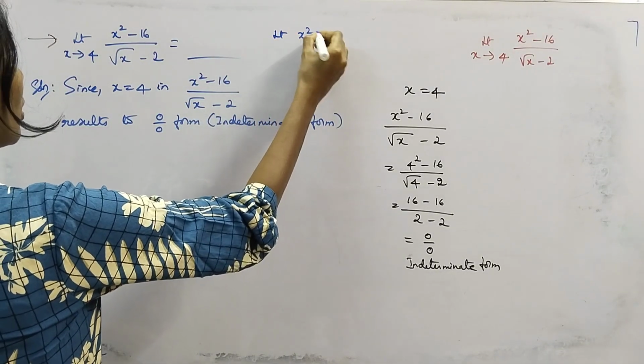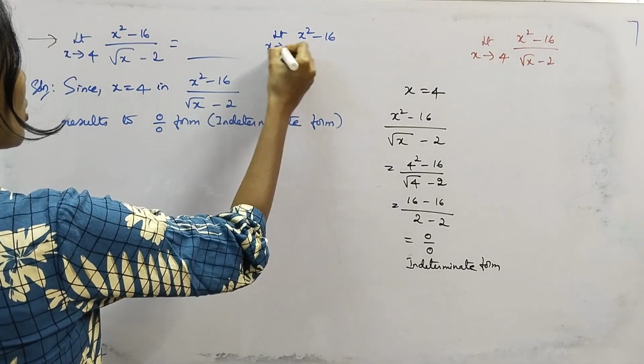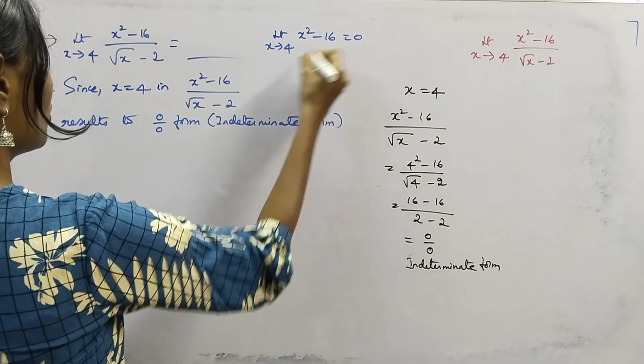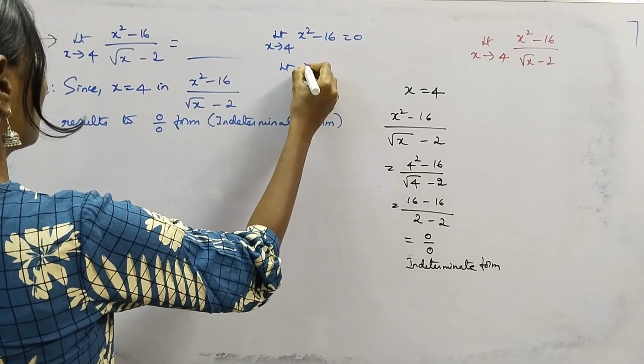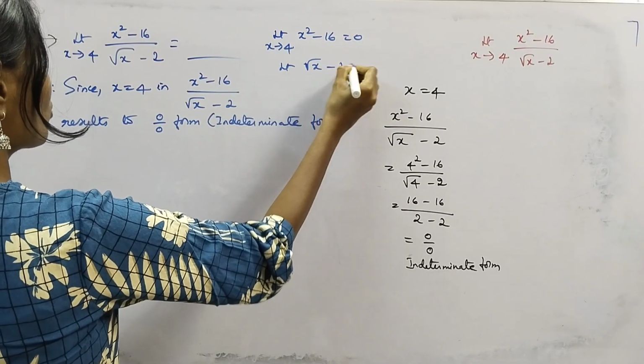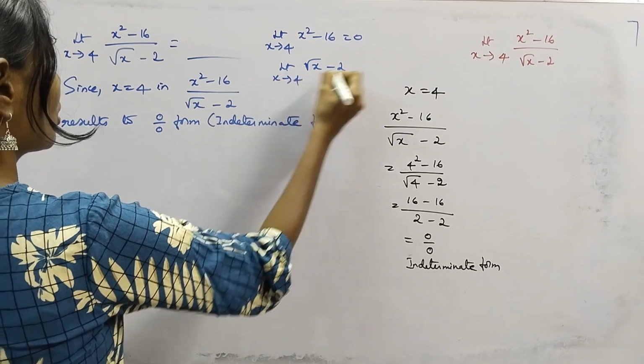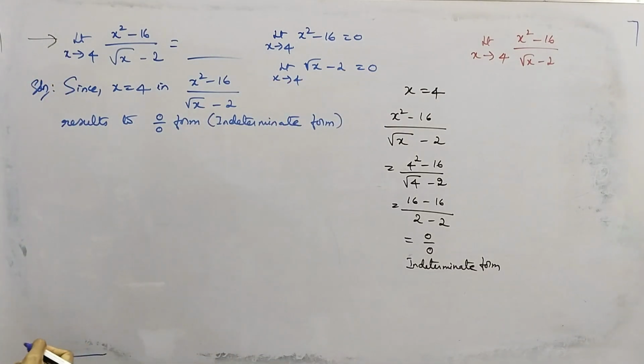The limit of the expression x square minus 16 as x tends to 4 is 0 and the limit of square root of x minus 2 as x tends to 4 is 0, right?